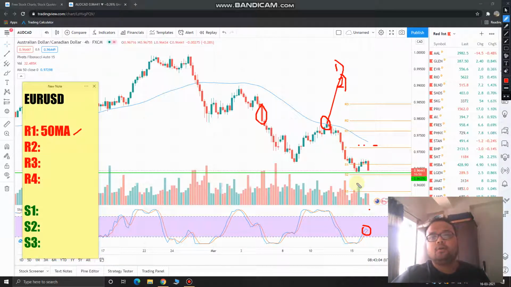When it will be in overbought zone, look for the position of the price. So when the market will be reversing from the overbought zone, short the market if it is trading below the 50 moving average. Simple two strategies that you can follow for Australian dollar, Canadian dollar, for 17th March 2021.